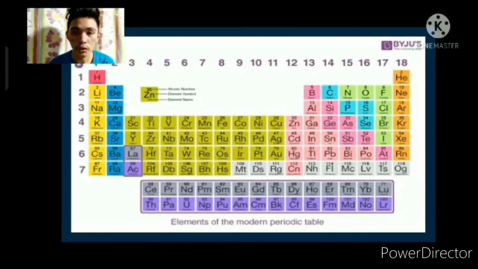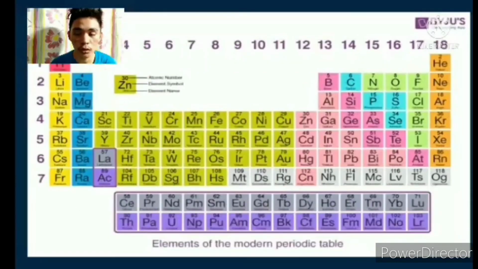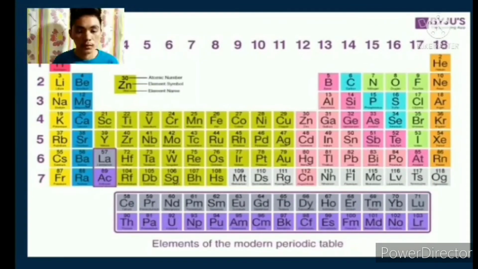So all elements in group 1 of the periodic table of elements, from H hydrogen to Fr francium, have 1 valence electron. Group 2, Be beryllium to Ra radium, have 2 valence electrons, and so on and so forth up to group 18, or the noble gases, He helium to Og oganesson, which have 8 valence electrons except helium, which has 2 valence electrons.